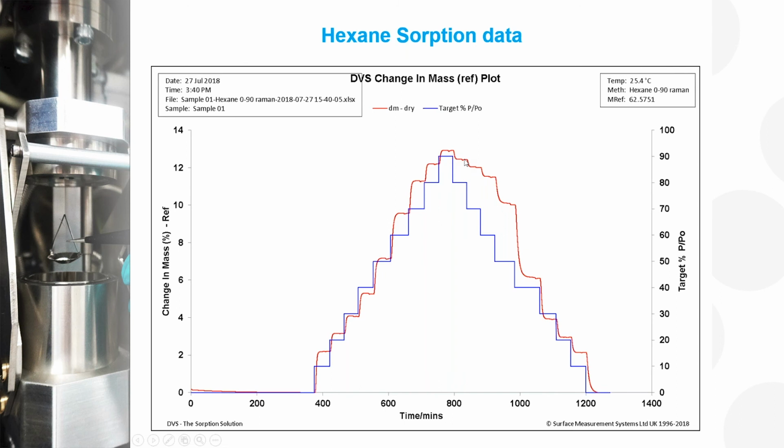The Raman comes on and shines a laser on top of the sample, which can locally heat up the sample and potentially reduce the mass locally because the sample is locally drying up. So here we have a study of full adsorption and desorption. Hexane is perfectly reversible. It goes back to the initial mass, and it has about 13% mass change.